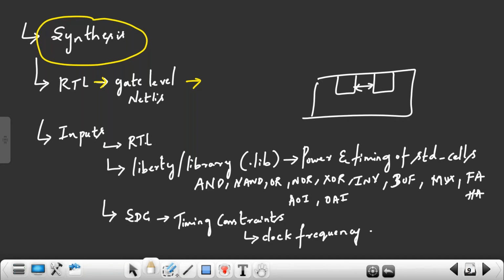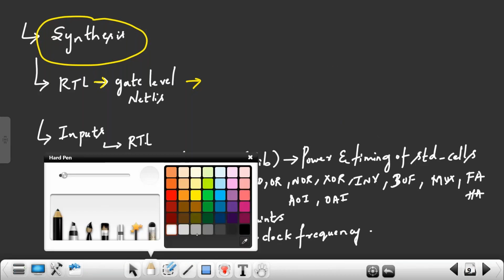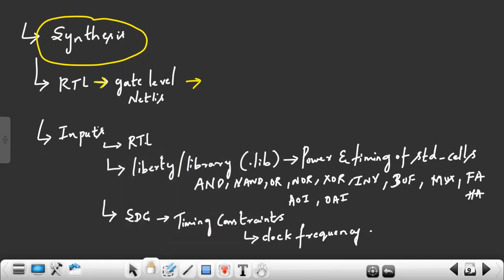Right now, your gate level netlist is technology independent or technology dependent? See, you will not write Verilog code for 7 nanometer or 14 nanometer. The Verilog code is nowhere related to technology. It is technology independent.